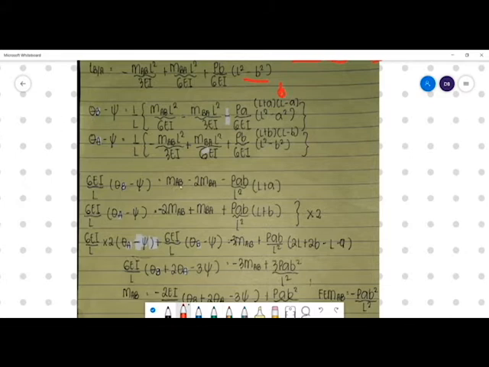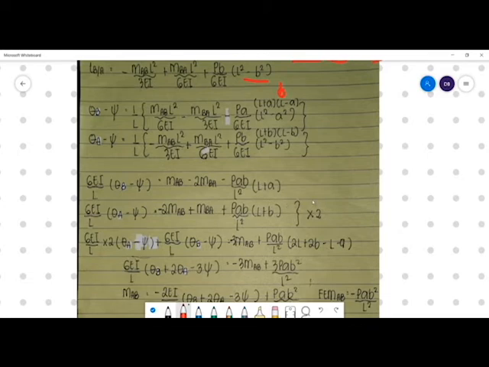Okay? It is equal to M sub AB minus 2 M sub BA minus PAB over L squared times L plus A. This one, 6EI over L times theta A minus psi, is equal to negative 2 M sub AB plus M sub BA plus PAB over L squared times L plus B.